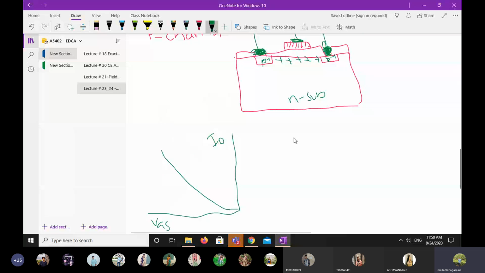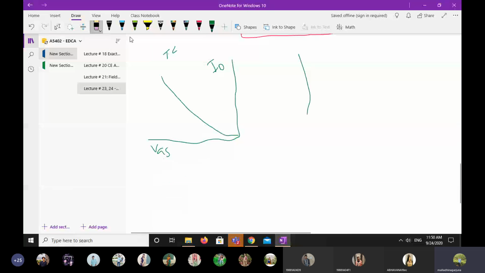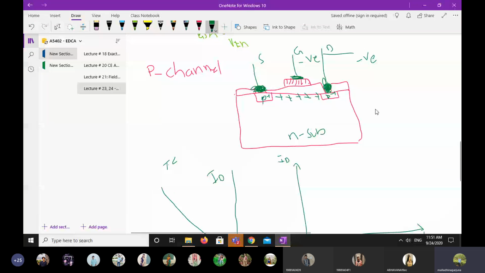This is the transfer characteristic curve, and the drain characteristic curve is this: ID versus VDS. Here VDS is also negative.